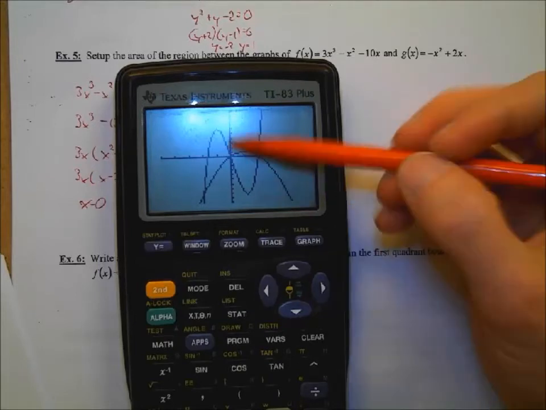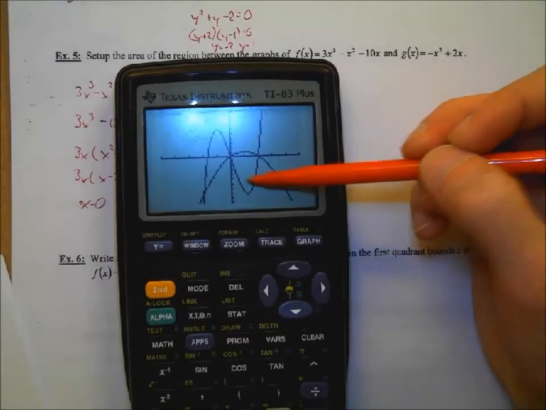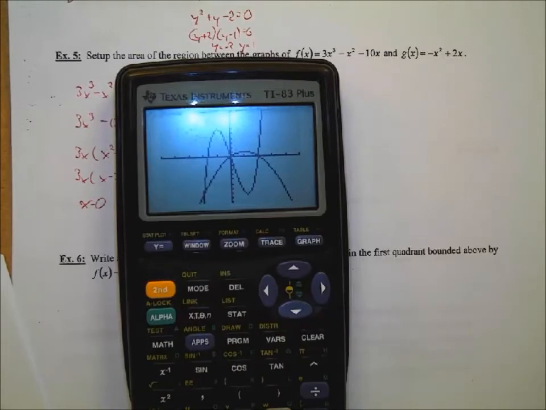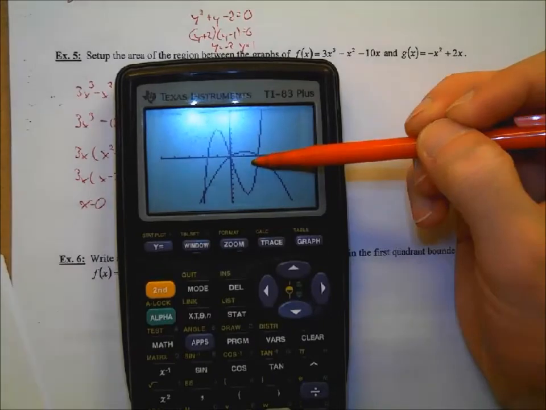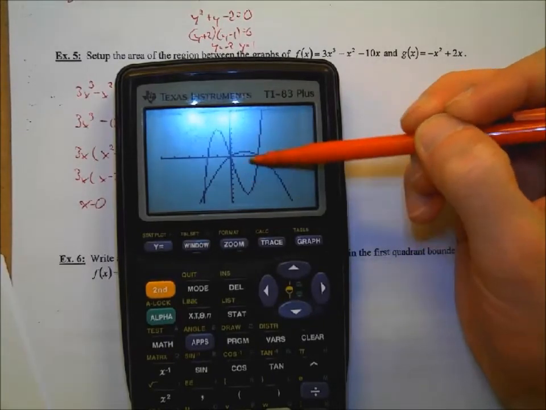We have this region right here, and we have this region right here. So, how many integrals are we going to need to represent this total area? We're going to have to do 2 integrals. One integral for this region plus the integral for the area for this region. Okay?